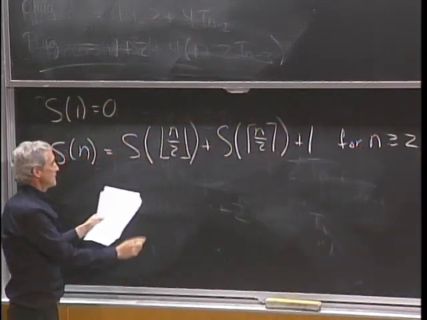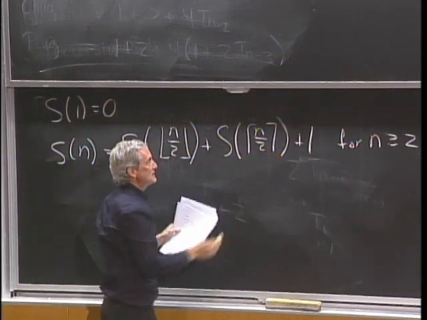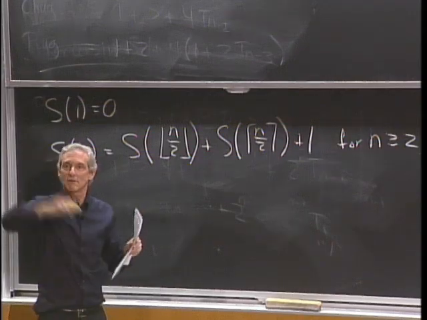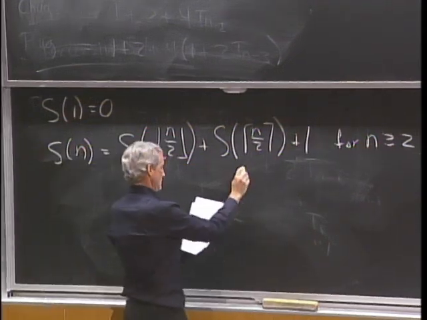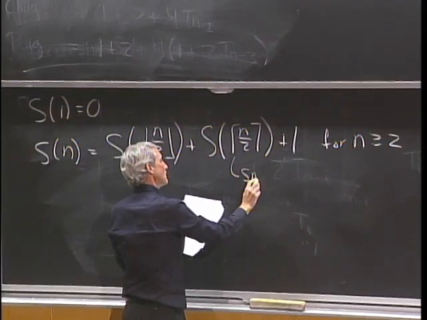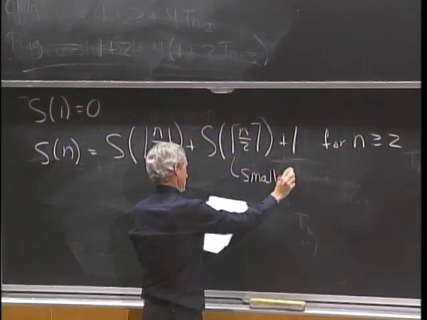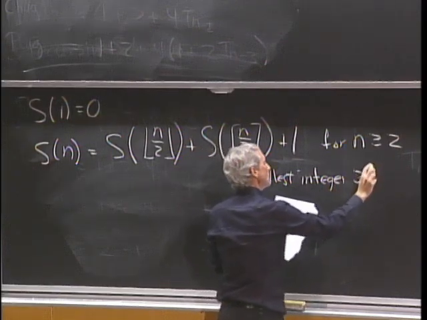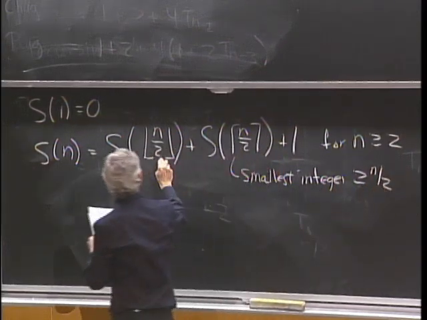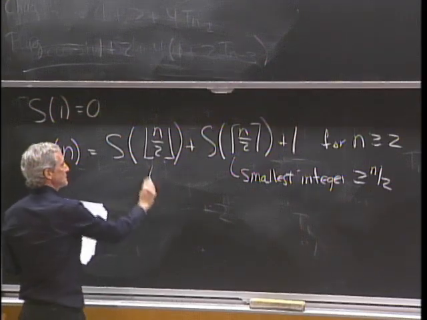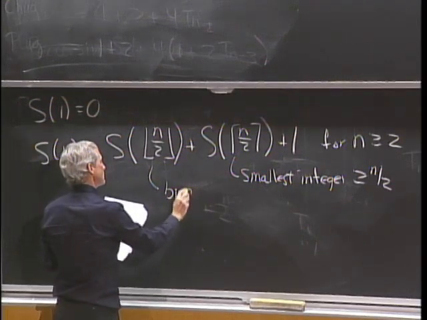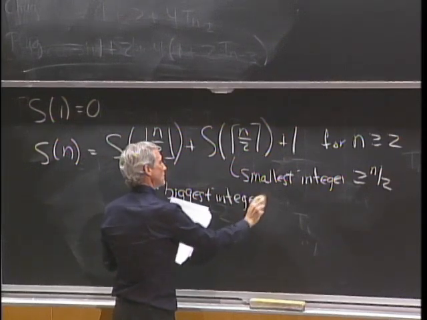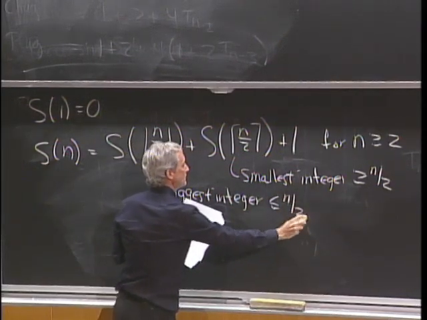Now, the ceiling function means the smallest integer that's at least that big. So you're rounding up to the next integer. And the floor function means you're rounding down to the next integer. So it's the biggest integer less than or equal to n over 2.